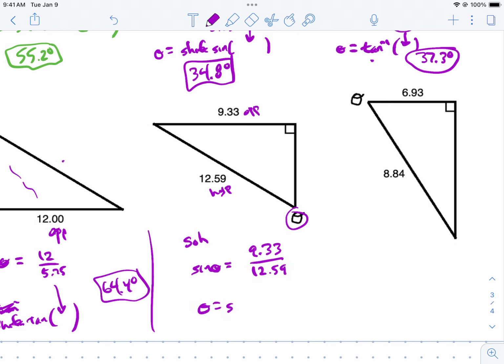Do one of those shift sines of that goop. So the shift sine of 9.33 divided by 12.59 is 47.8 degrees. Cool. We're rocking and rolling now, folks.